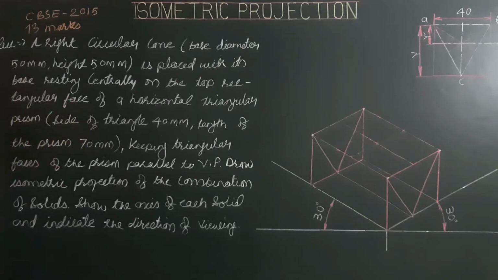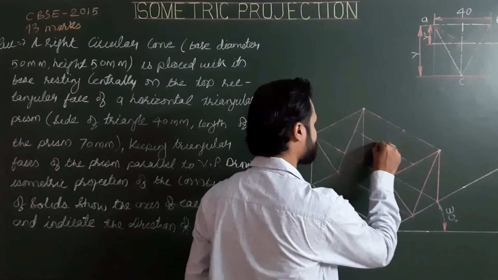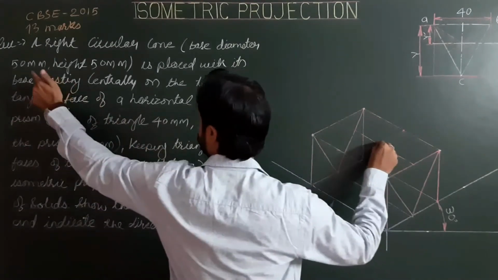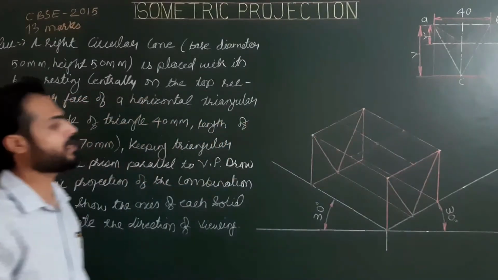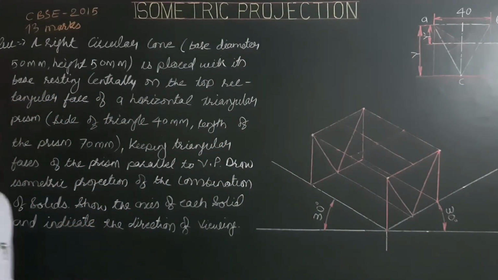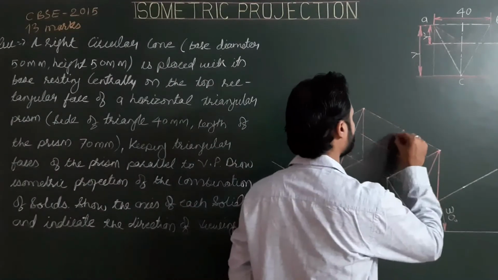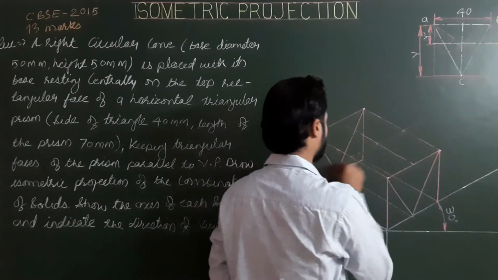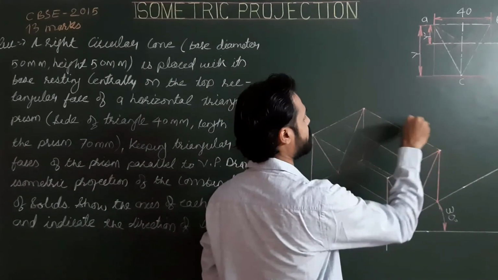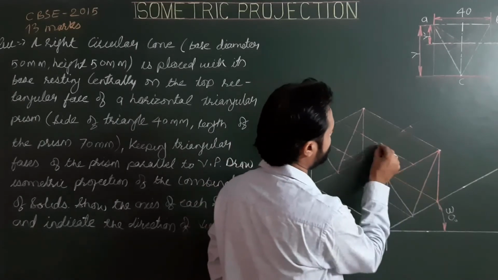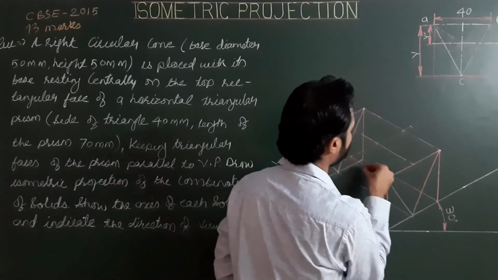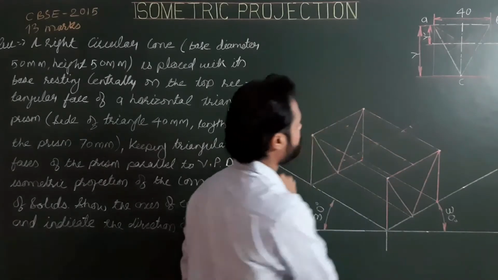So from the center we have to mark limits of ISO half of 50, 25, along both lines. So marking limits of ISO 25 along this line, ISO 25 and ISO 25, and along this line also ISO 25 and ISO 25.